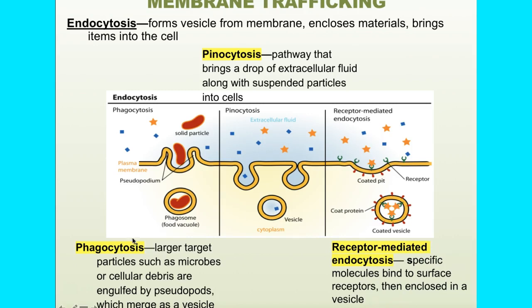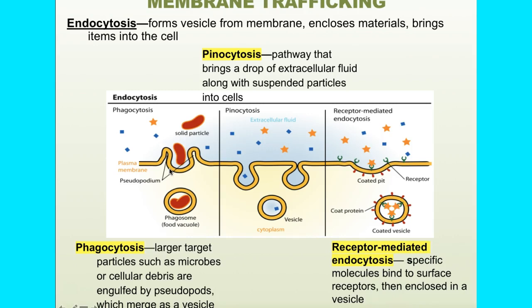There's phagocytosis, which is where there's a much larger particle that needs to come into the cell. This is engulfed with a pseudopod, but basically phagocytosis is a much larger engulfment of debris or any kind of particles that are coming into the cell.